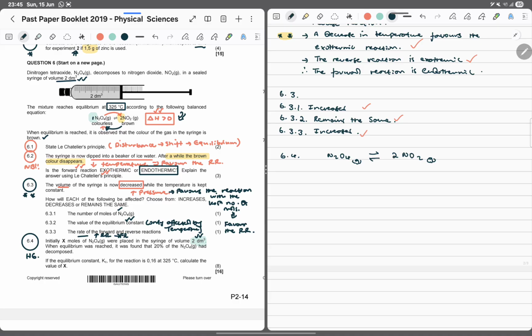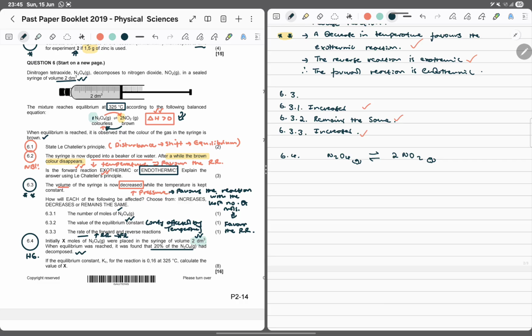This is still the same question. So the volume, you might just need to keep it in mind. They were kind enough here to remind us. So when the equilibrium was reached, it was found that 20% of the dinitrogen tetroxide actually decomposed. So this is what changed, just 20%.